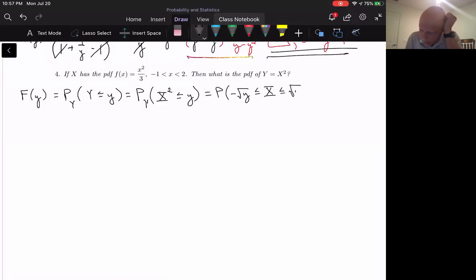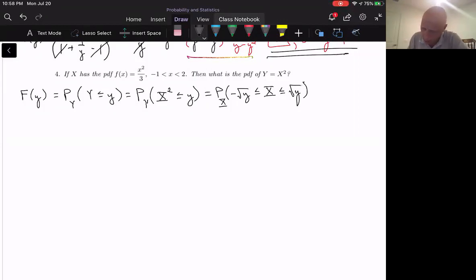Yes. Awesome. That's the part in this problem where a student might miss a detail and just write X less than or equal to root y. Remember, the square root's really plus or minus, so you need both aspects. And so this is the probability that we now want to find.